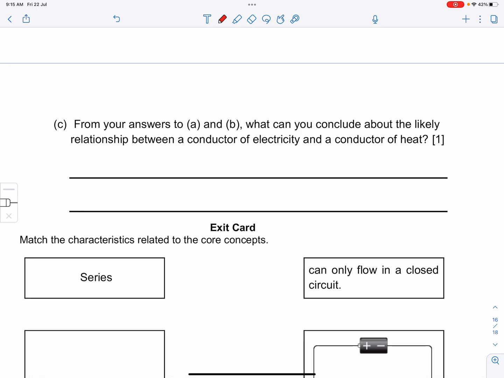So you can only conclude that if a material is an electrical conductor, it is most likely to be a good conductor of heat.